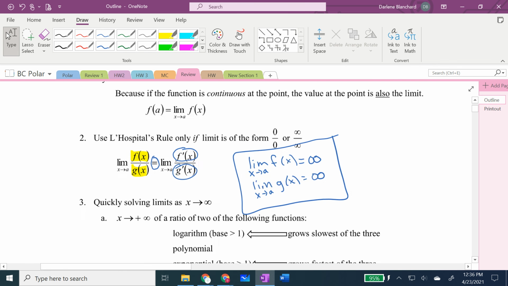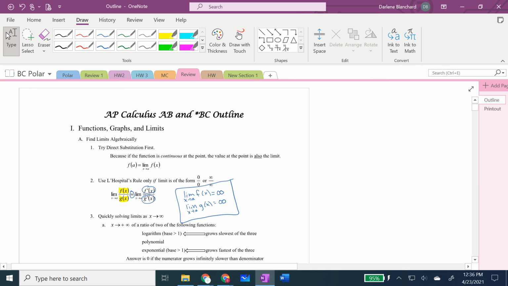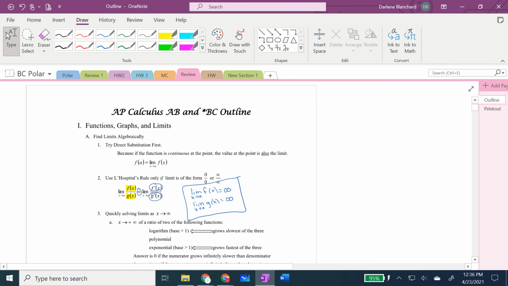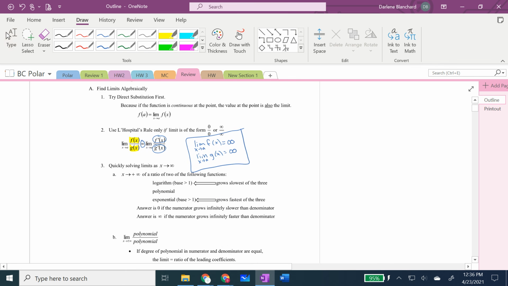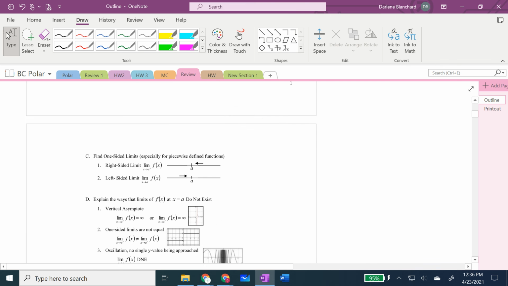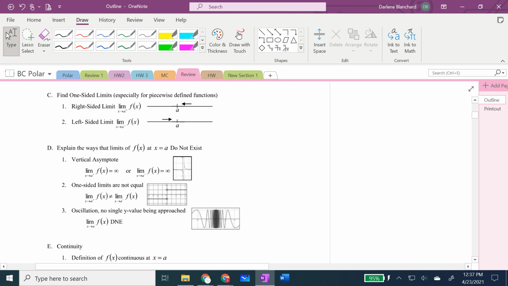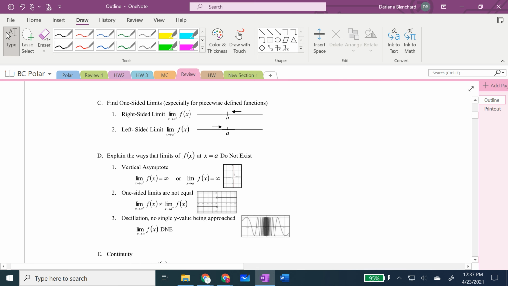My recommendation to you in studying for this test is go through the outline and just kind of read over everything. If something doesn't make sense, while we do have the practice exam this weekend, the AP exam, we still have a whole nother week to get those questions answered.